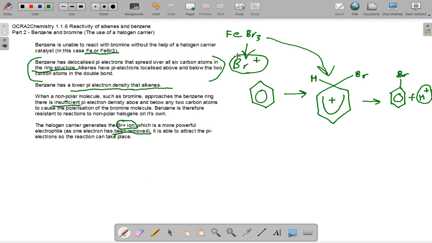It's important to remember that benzene needs to be completely stable in order for an unstable intermediate to form, and then a stable product.